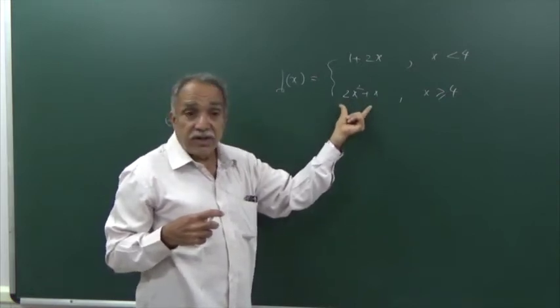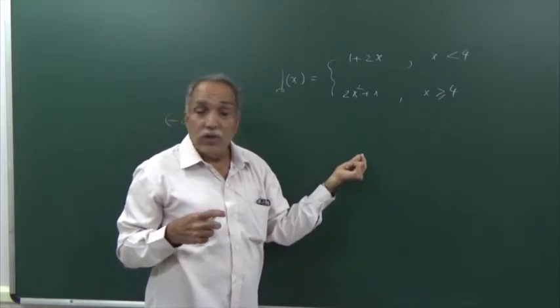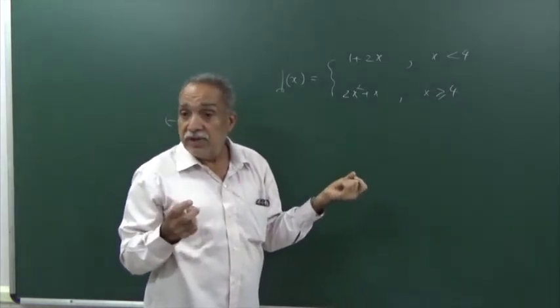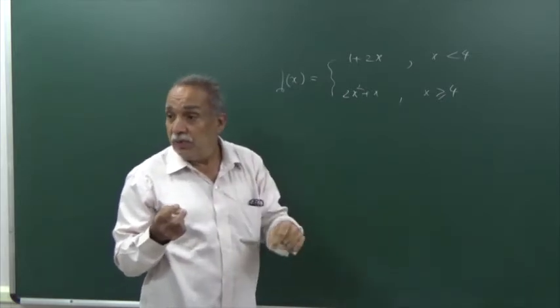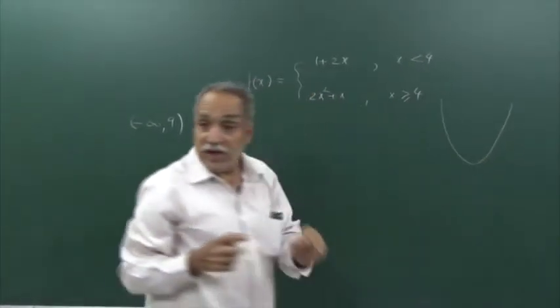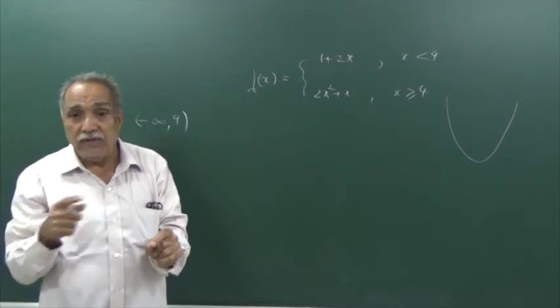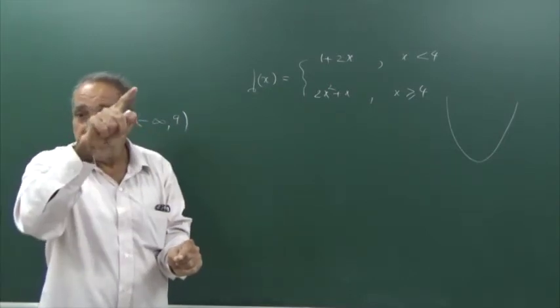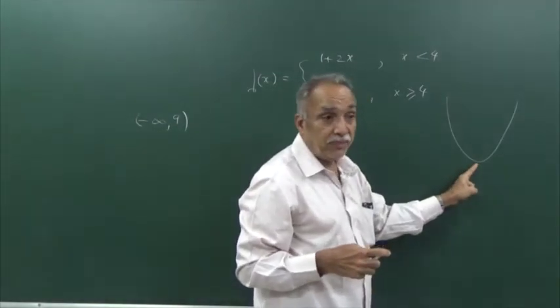A quadratic with x square coefficient positive will have as graph a parabola with vertex below. If x square coefficient is negative, reverse. Okay. This will be the vertex for the parabola.